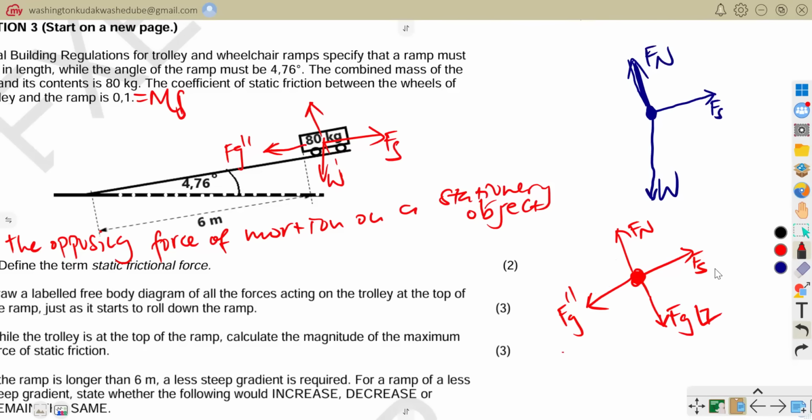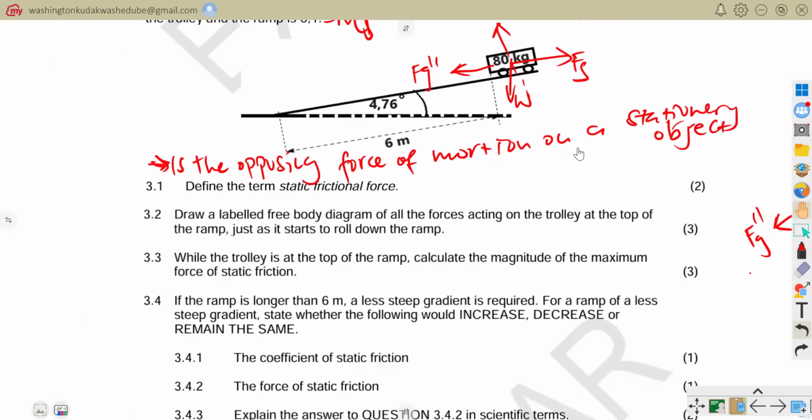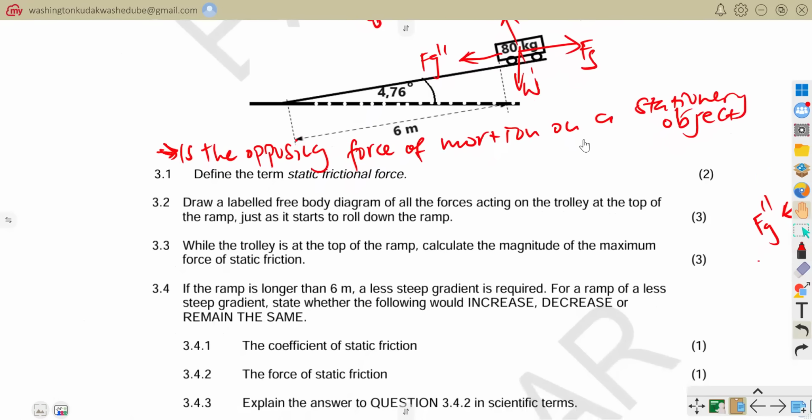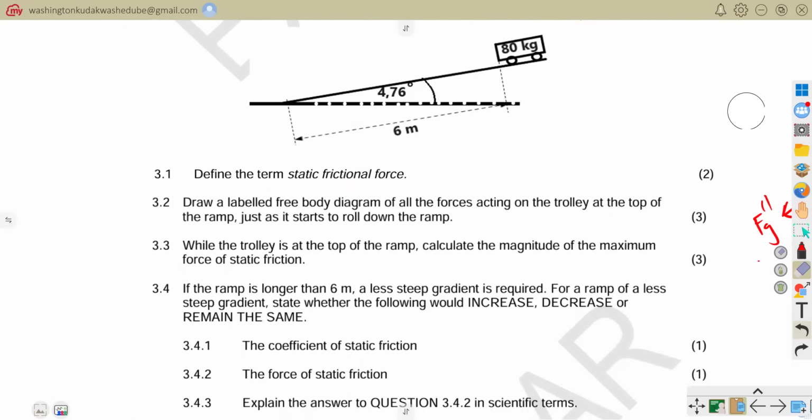However, the number of marks should guide us into how many forces you are supposed to represent on that diagram. So here we're having 3 marks, and you're supposed to show 3 forces.